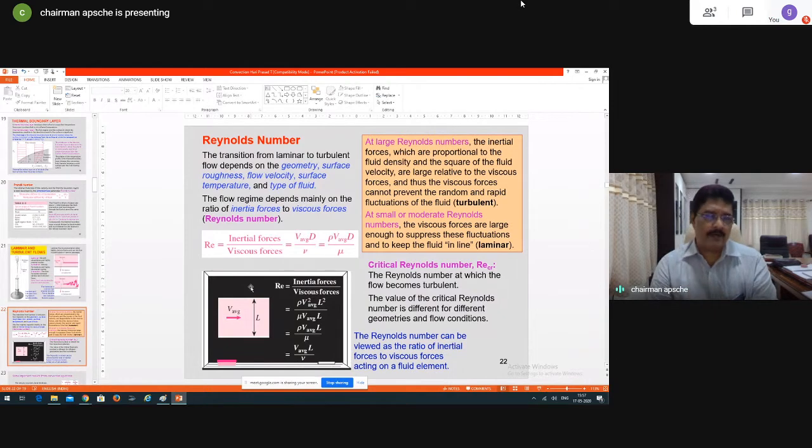That means when inertial forces are dominating, Reynolds number will be high, or the opposing force, the viscous forces, are very high for highly viscous fluids, and therefore Reynolds number will be less. So, what is this Reynolds number? Reynolds number is the ratio of inertial forces to viscous forces. Now, what is the implication of it?